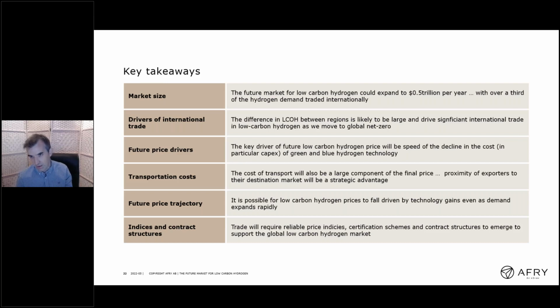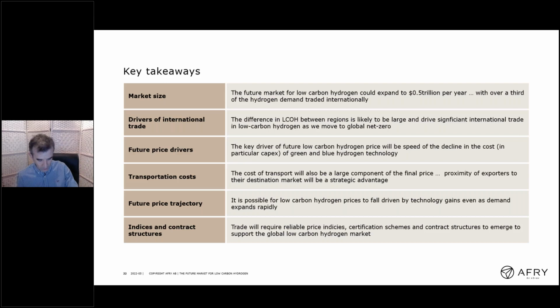So the demand is increasing, but we're still seeing technology costs managing to outweigh those price increases. Obviously that is very driven by the assumptions that we've made, but using what we think are fair and our best assumptions, that is what we see.